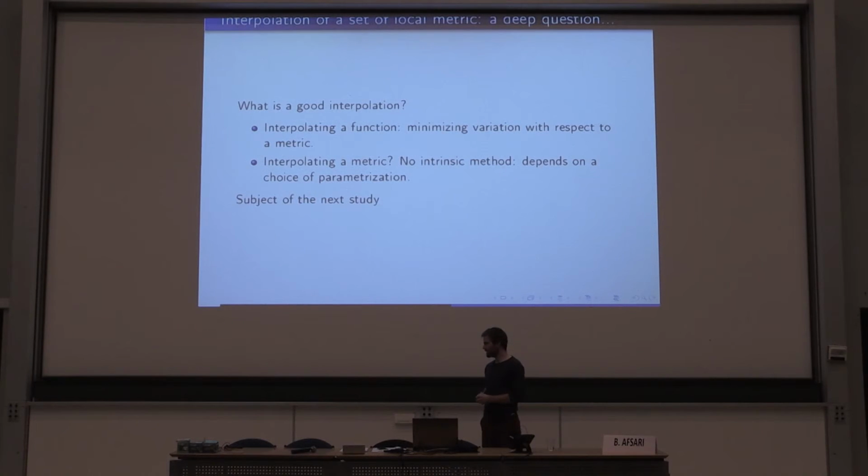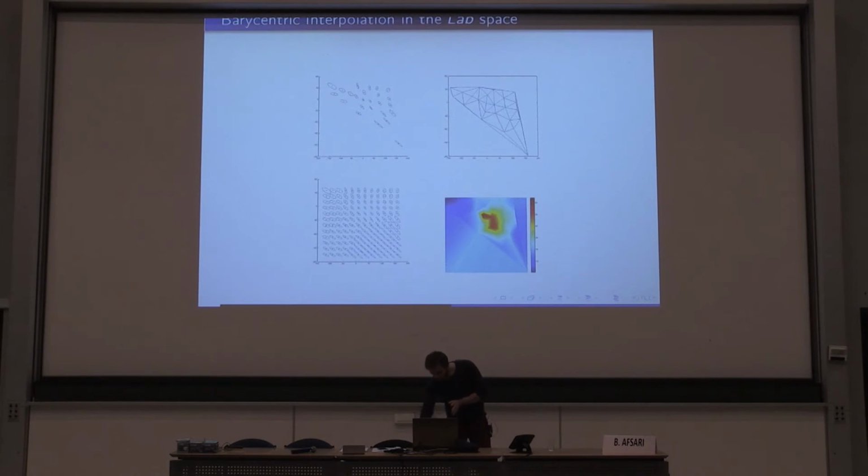So we didn't push the study very far in this work, and it will be the subject of further study, but we chose a very simple solution, which consists in interpolating the parameters of the ellipses in the LAB space using a barycentric interpolation. So here on the top left, you have the ellipses in an AB plane.